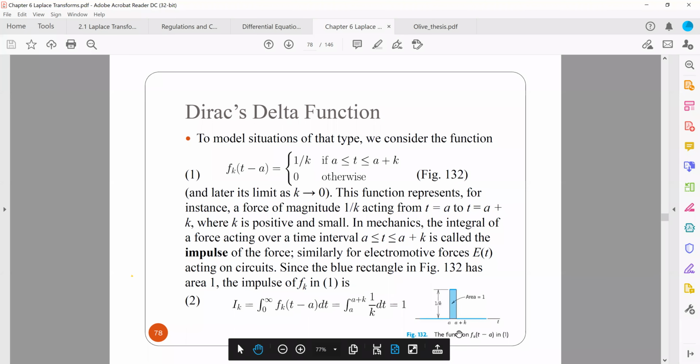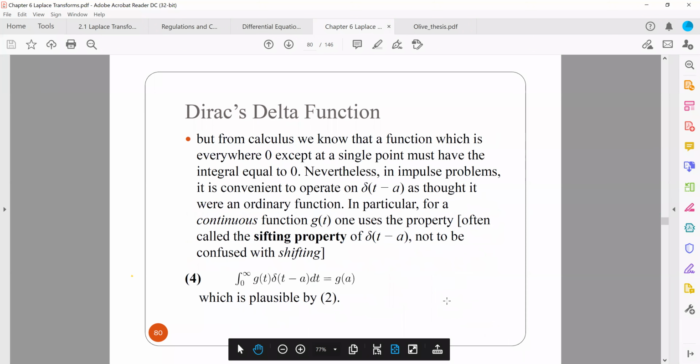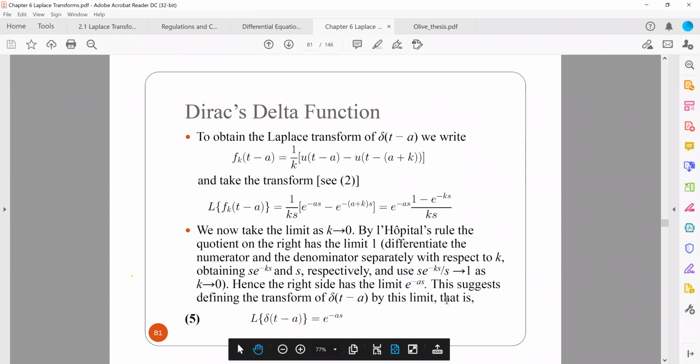So we only end up with this rectangular arrangement.